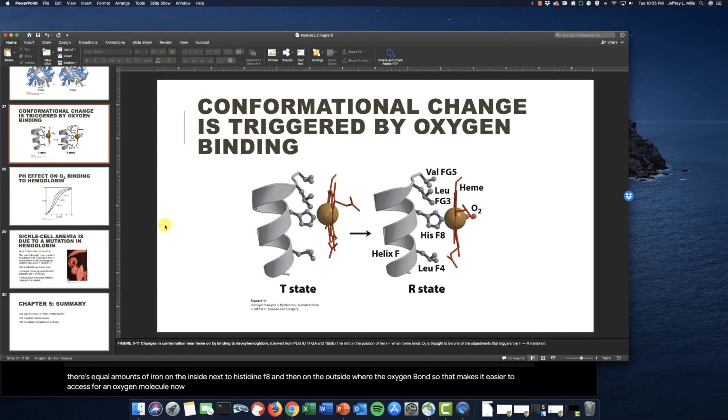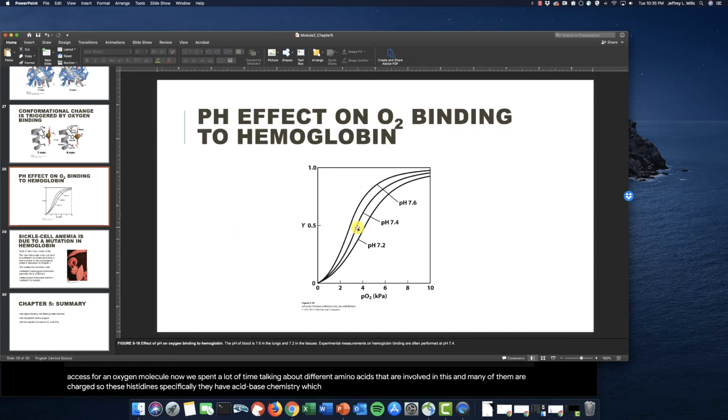Now, we've spent a lot of time talking about different amino acids that are involved in this, and many of them are charged. So these histidines specifically, they have acid-base chemistry, which means that the binding curve for hemoglobin depends on the pH of your blood.